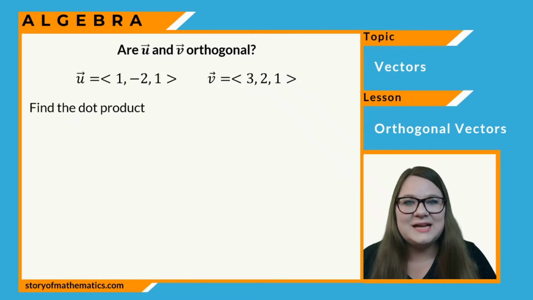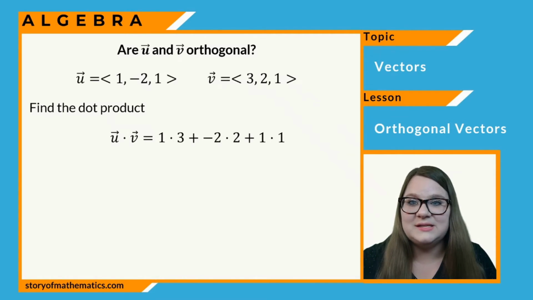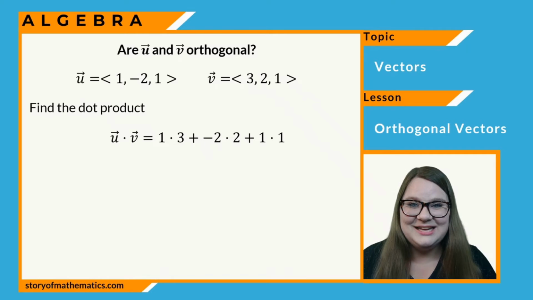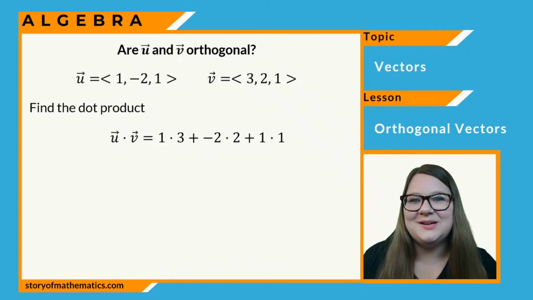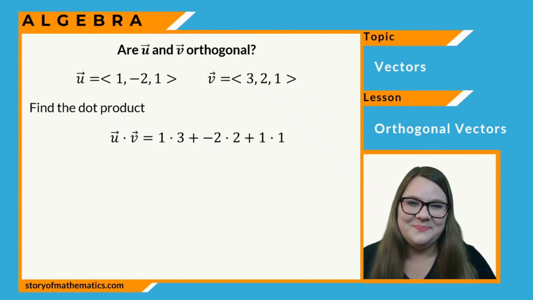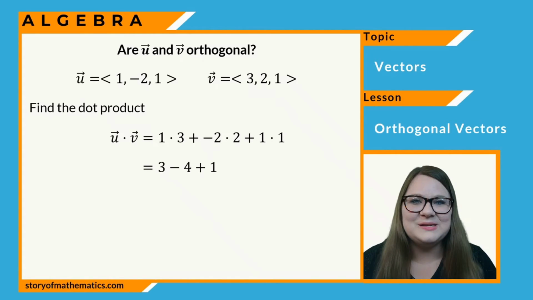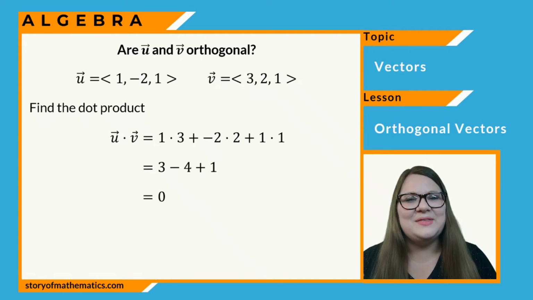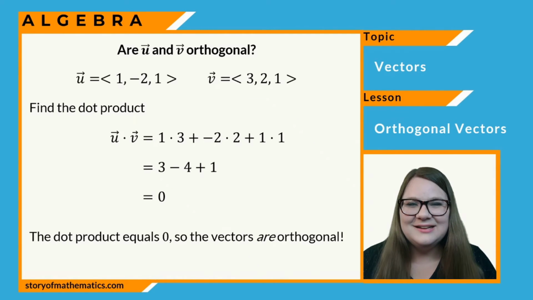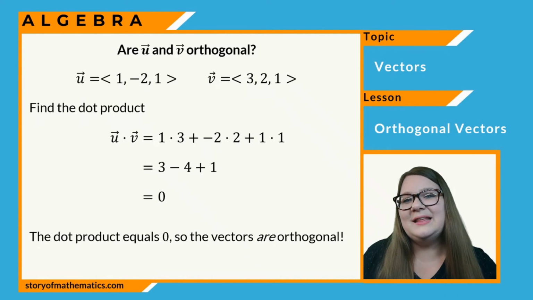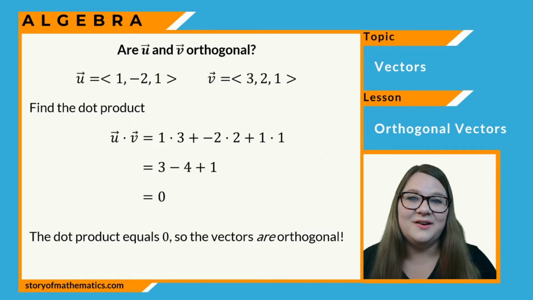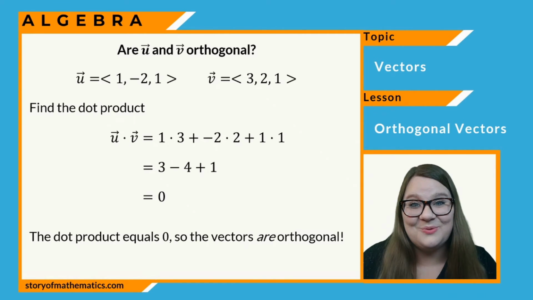When I find that dot product, I do the first component times the first component, so that's 1 times 3, plus second component times second component, which is -2 times 2, plus third component times third component, which is 1 times 1. I simplify this and get 3 minus 4 plus 1, which is the same thing as 0. So since the dot product is 0, I can say these vectors are orthogonal. They make that right angle with one another.